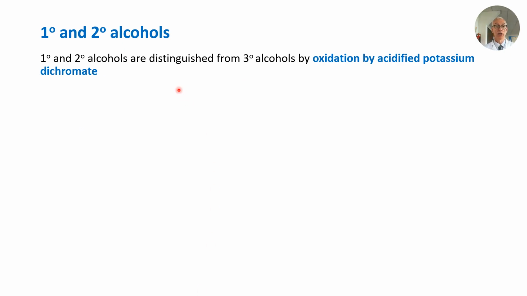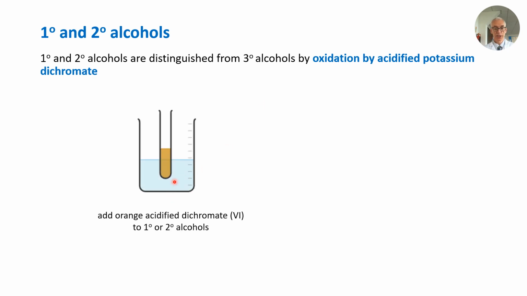Primary and secondary alcohols are distinguished from tertiary alcohols by their oxidation by acidified potassium dichromate. So acidified potassium dichromate is strongly orange in colour. So you add the dichromate to the organic molecule, which may be a primary or a secondary alcohol.